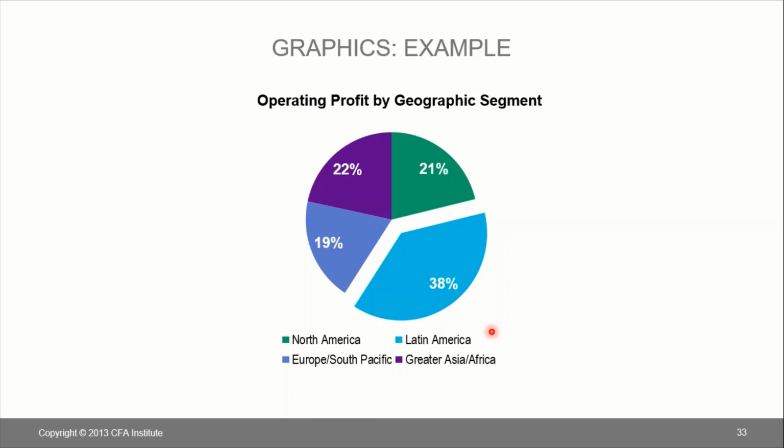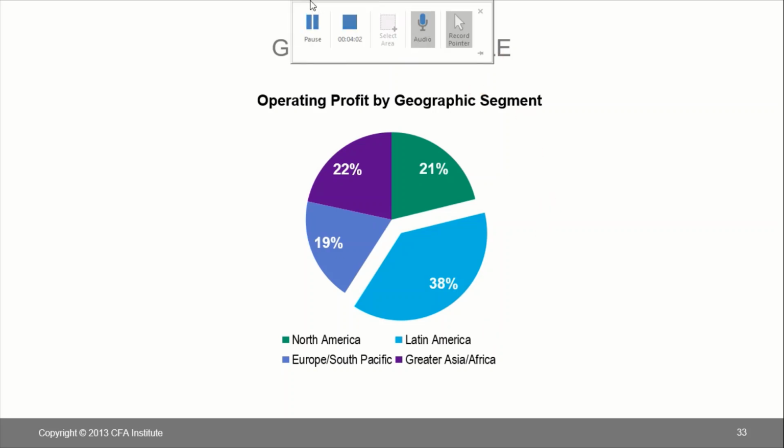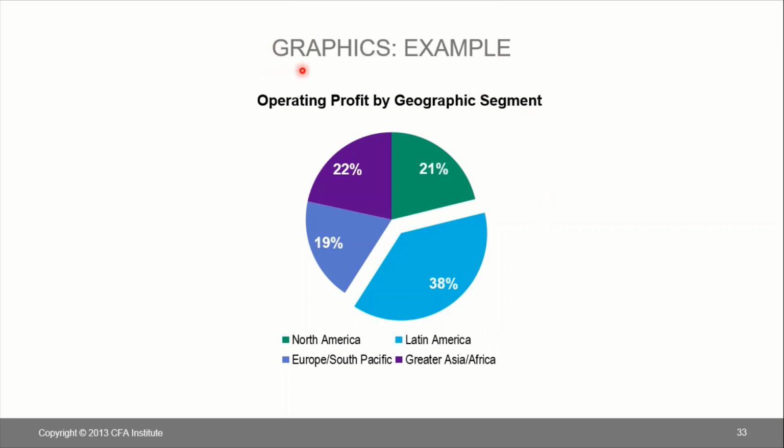Marami siyang subsidiaries, no, on different parts of the world. Okay. Hirap mag-isip ng term, ano. So, let's just say marami siyang subsidiaries operating in these different continents of the world.